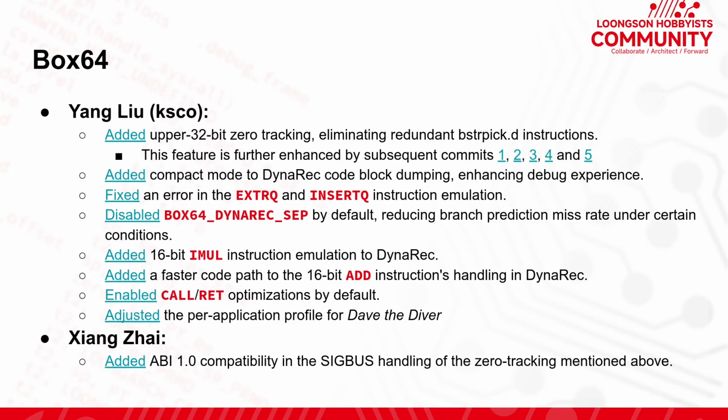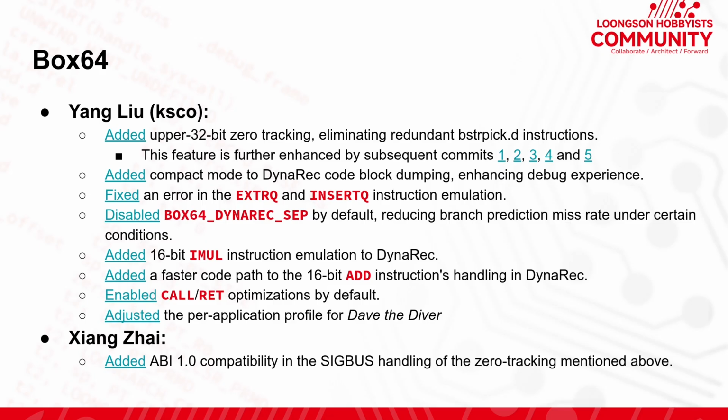But now I think we figured out all the bugs, so it's enabled by default now. We also adjusted the profile for the Dave the Diver game, and the game is now running at full speed on the 3B6000 chips.